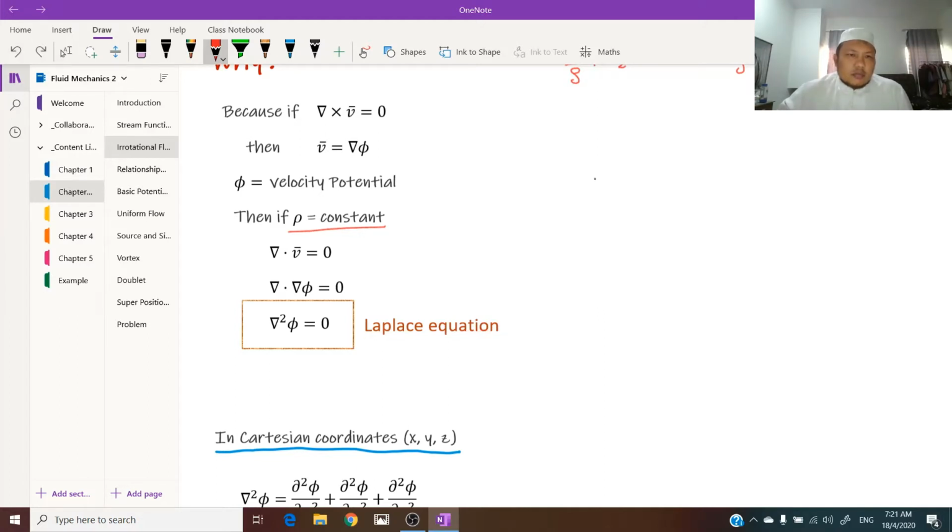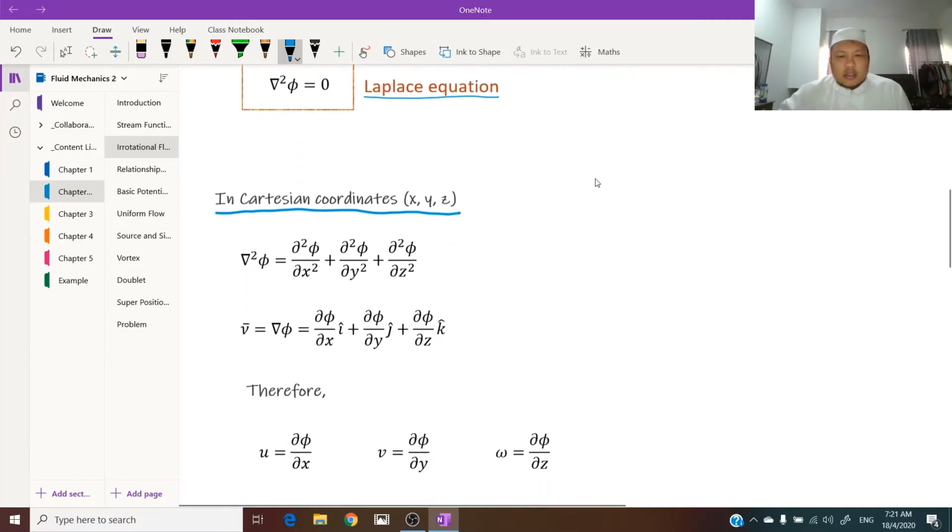Now we're going to solve this in two categories. One is the Cartesian coordinate. What is meant by Cartesian coordinate?